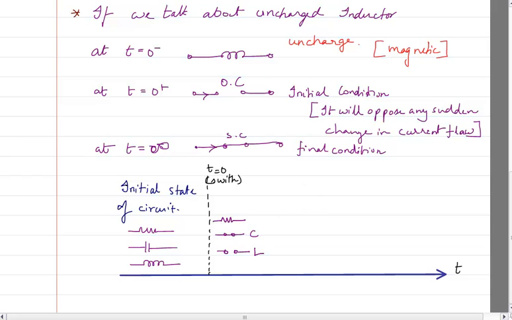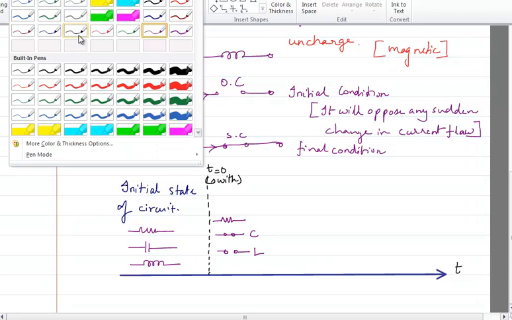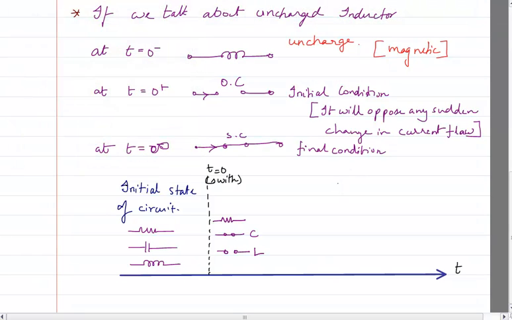Now, after some time, once saturation has been achieved, saturation is when the charging or discharging has taken place. So this will occur at some t greater than 0, but at some large value of t.